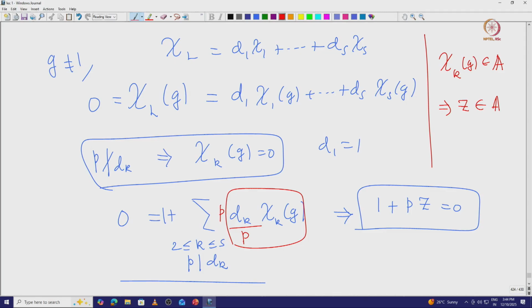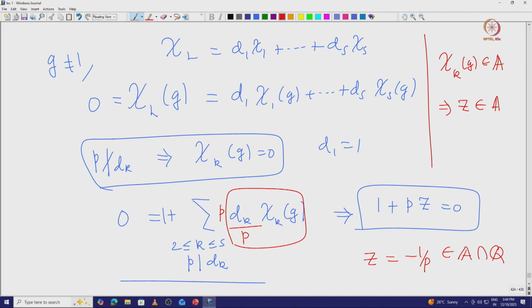Now you can see that z is nothing but minus 1 by p, which is an algebraic integer, which is also a rational number. So, this belongs to Q.